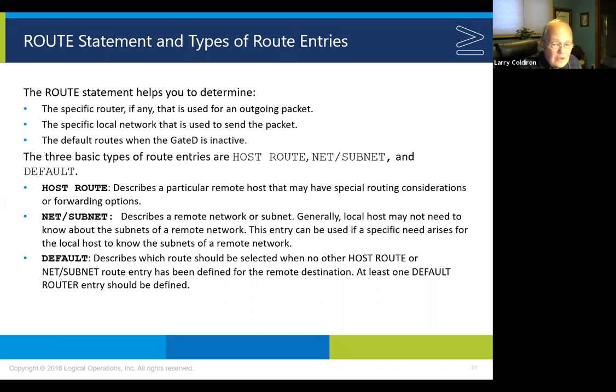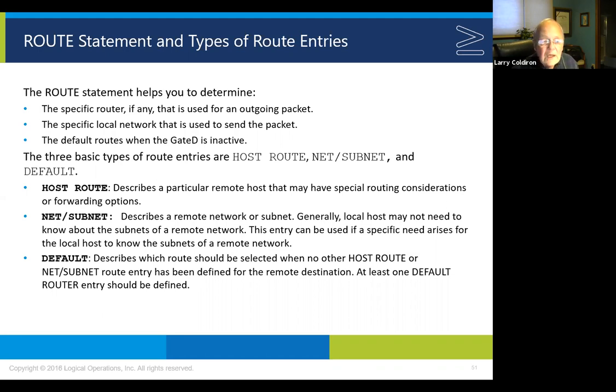We can have a host route to a particular remote host if we want to go there. It's just a matter of how we mask the route, the network address and the subnet mask. If we mask it with a 32-bit subnet mask, we're going to go to an individual host.